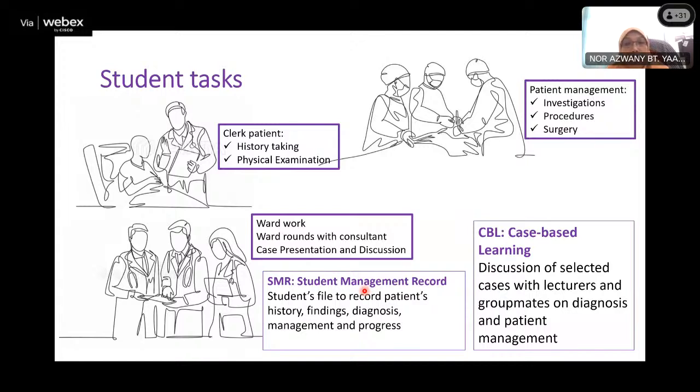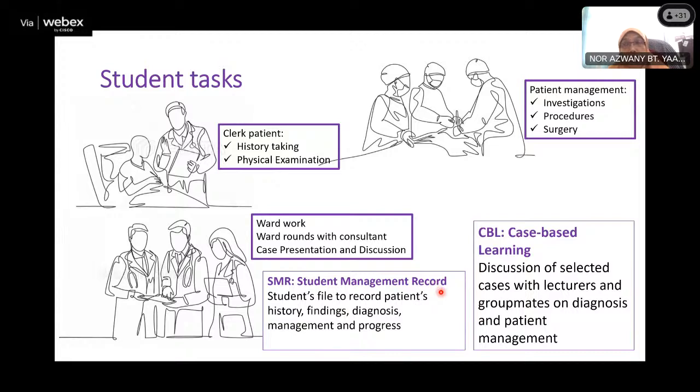So they will clerk cases, they will be involved in patient management, investigations, procedures, surgery. They have to follow ward rounds, they have to be involved in the case presentation and discussion, and they also need to record all the findings and the progress of the patient in the student management record.